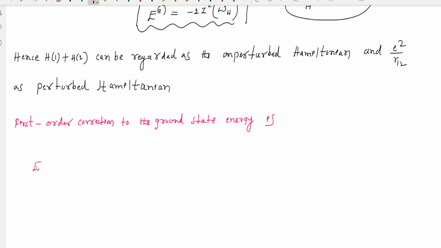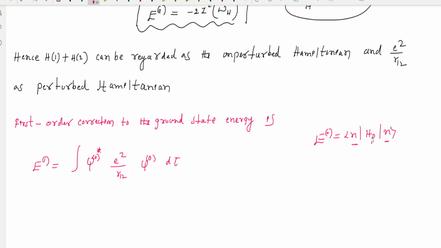So E1, I mean first order ground state energy, is the integral of psi star, e squared divided by r12, psi. This is the first order correction energy, right? You are all aware of this thing. Okay, first order correction energy.